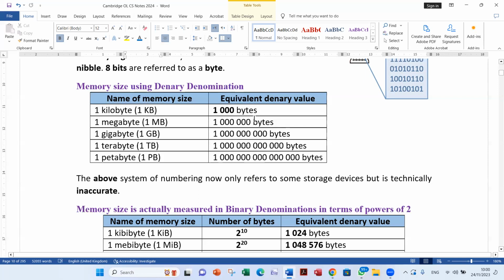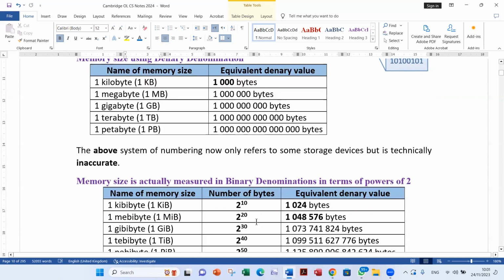Mega is 1,000 by 1,000. Mebi is 1,024 multiplied by 1,024. Scientifically, this is 2 to the power of 20. So if you have kilo, mega, giga, tera, peta, everything is 1,000 times the previous.